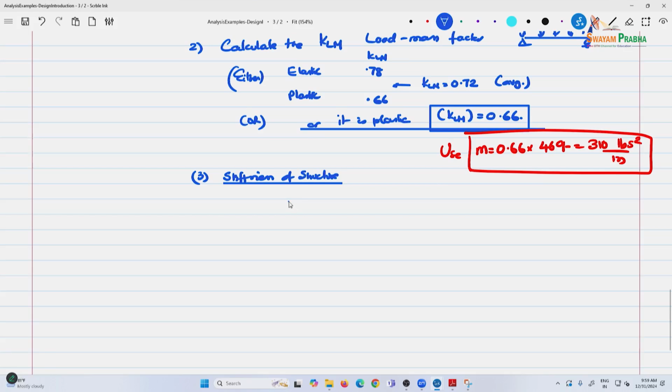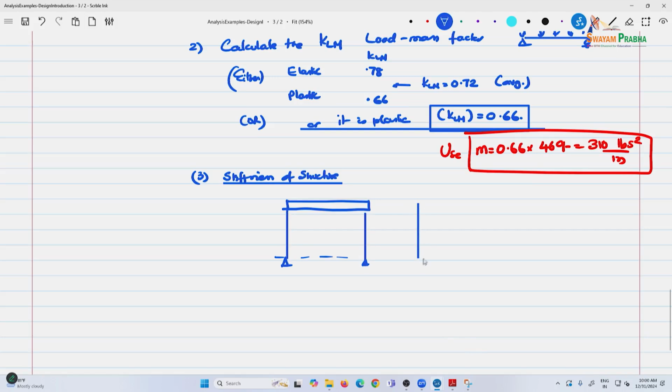So here this part is rigid and this is fixed. So you have this column here, and there are two options.